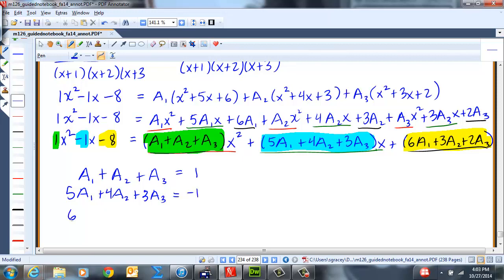And we'll have 6a1 plus 3a2 plus 2a3 equal to negative 8. Since we already have letters in this equation, why don't we name these equations 1, 2, and 3 as we're working things out.